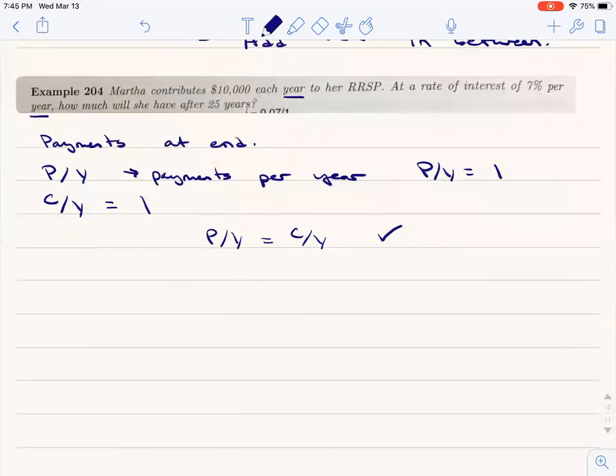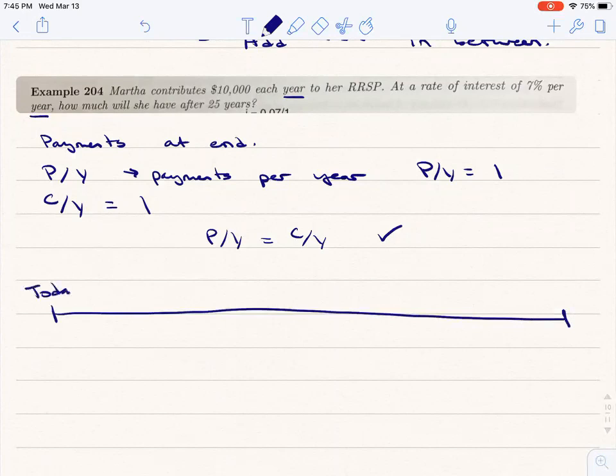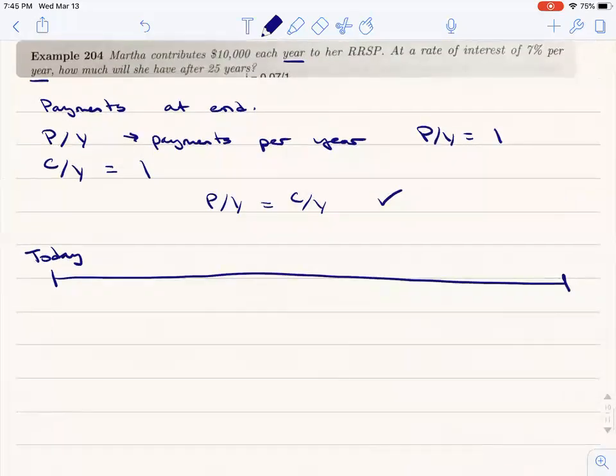Okay. So let's draw the timeline, see what we're dealing with here. We'll start today, and then she's going to go for 25 years. So here at the end, we're at 25 years. She's making payments each year.